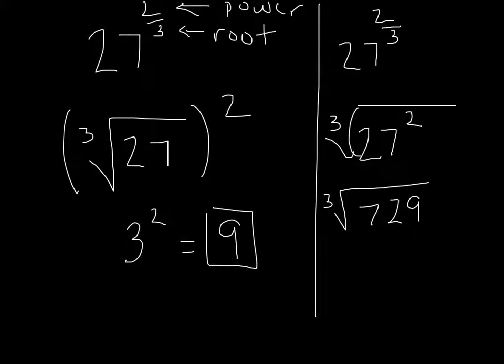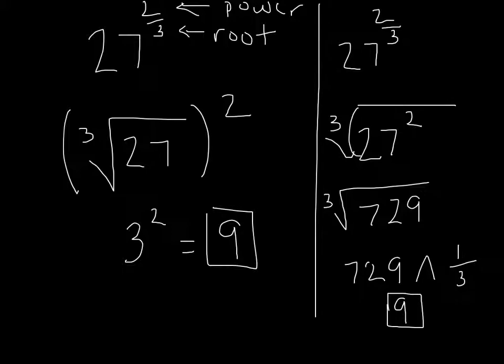Ugh, but then I have to find the cube root of 729. And truthfully, on my calculator, to do that, I just change it back to 729 raised to the 1/3, which gives me the number 9, and it matches the answer I had by doing the root first.